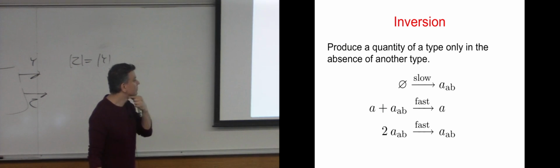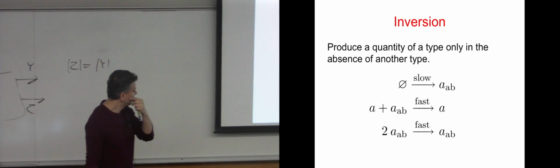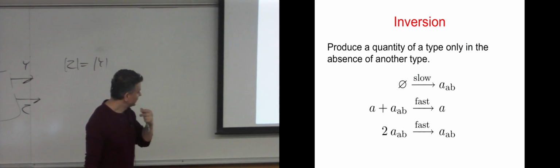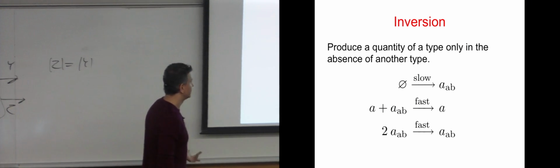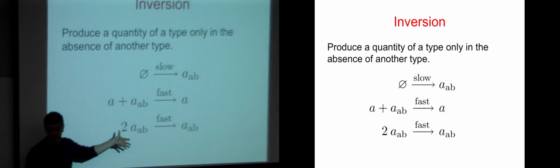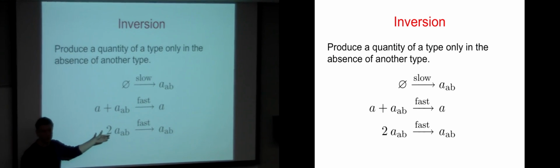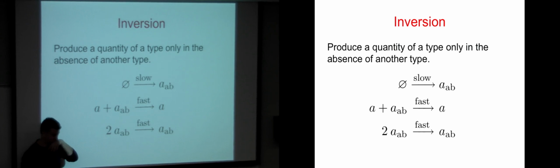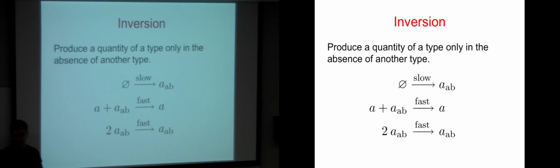That's a good question. The reason is when we actually went to DNA-based reactions, there is some fuel source that's generating our absence indicator. And so if we don't throttle the growth of AAB, then we have a problem.